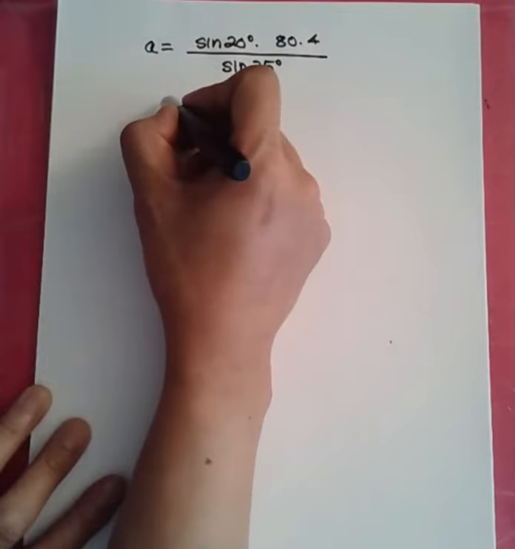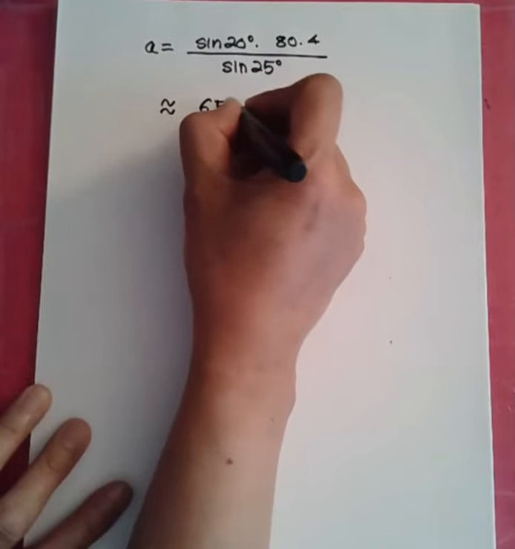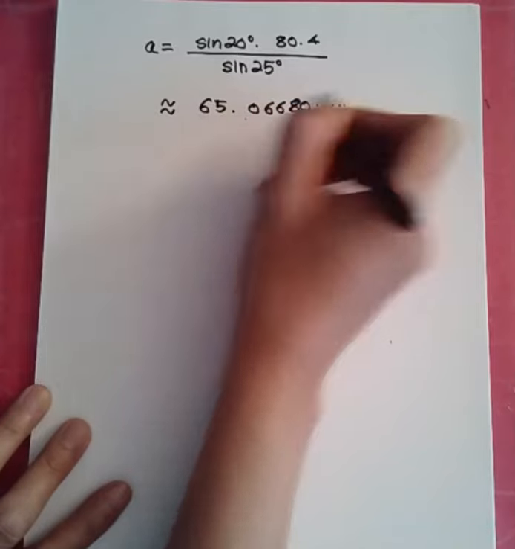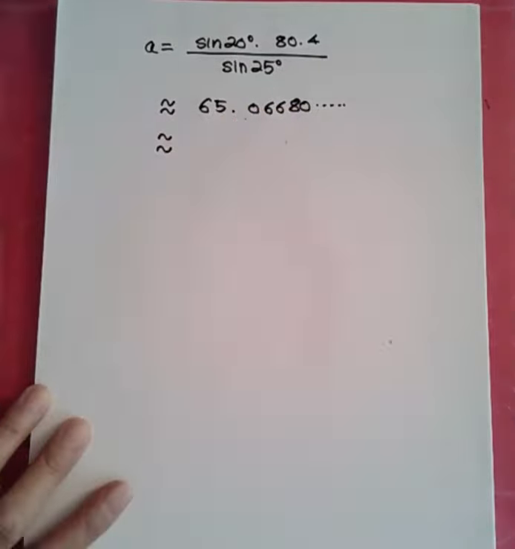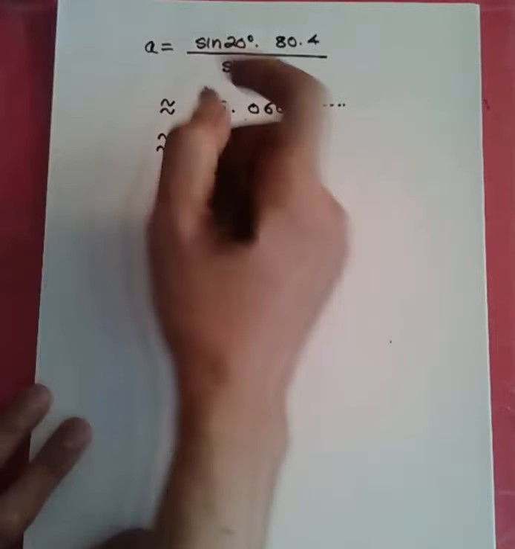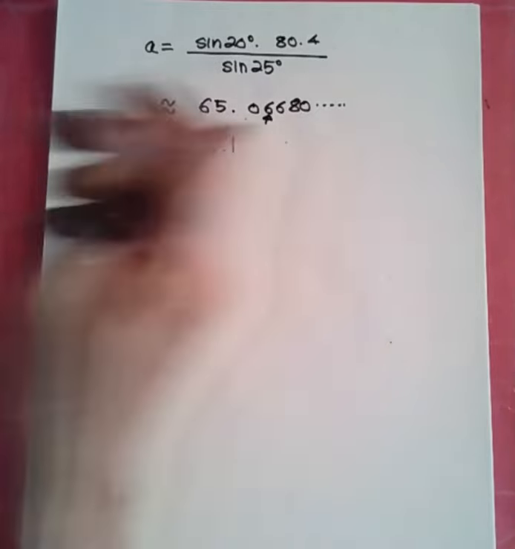If you put the information in your calculator, then you will get 65.06680, and we have to approximate to 1 decimal place, so that'll be 65.1 because of this number.